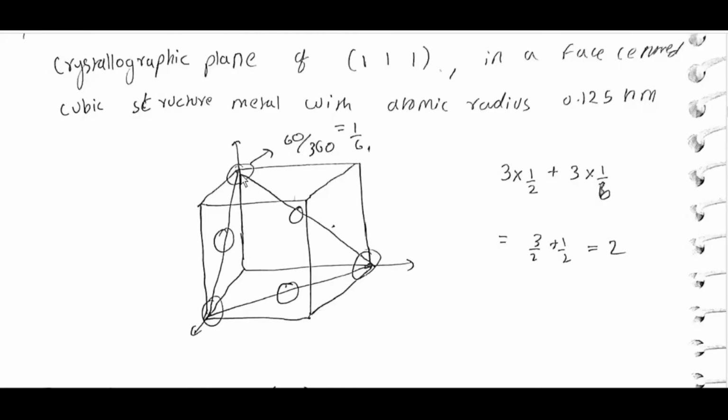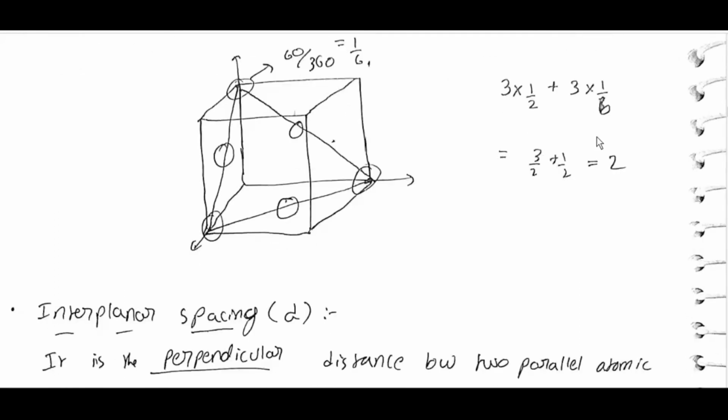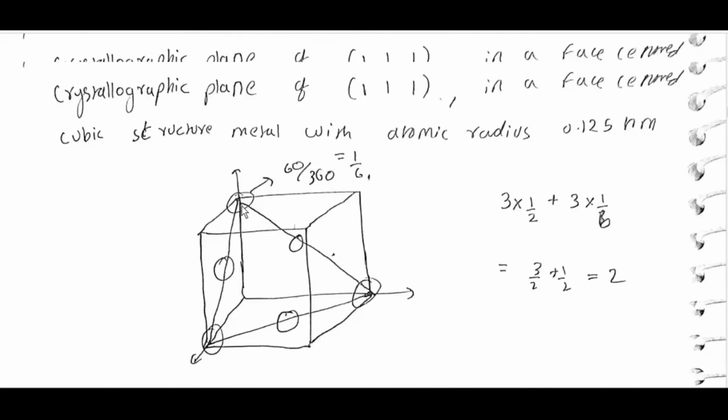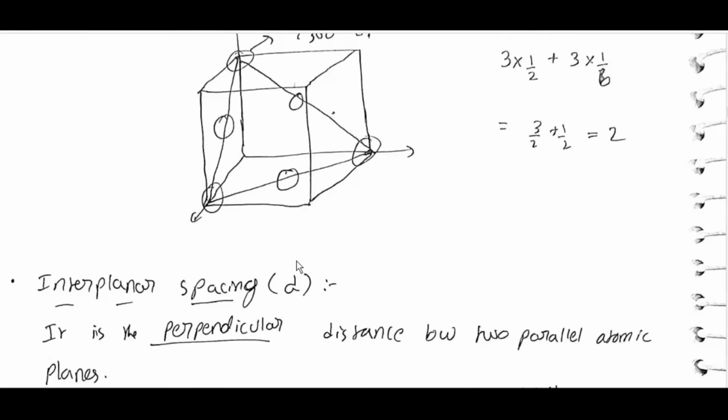So here 1/6 contribution, but these three lines will cover half of them. This plane: 3 into half plus 3 into 1/6 is equal to 3/2 plus 1/2, which is equal to 2. Imagine this plane in 3D.